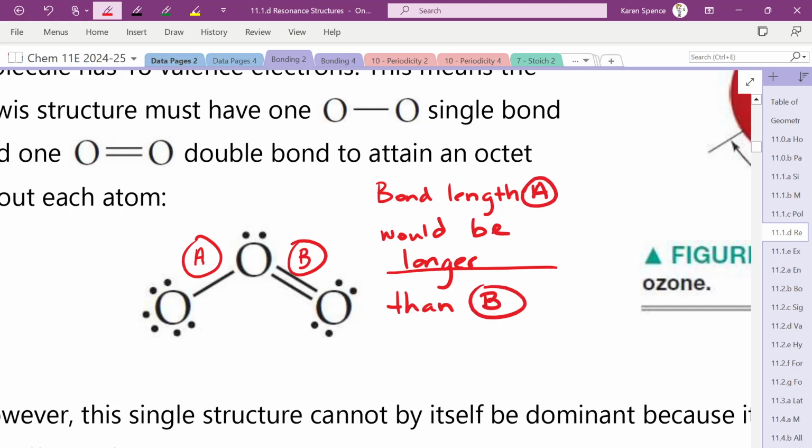Okay. Now, it turns out, when you measure the bond lengths, they are not different. They are the same. So that means that this must be wrong. I mean, it's kind of right, but it's wrong. Okay?